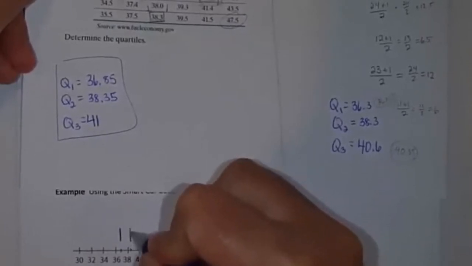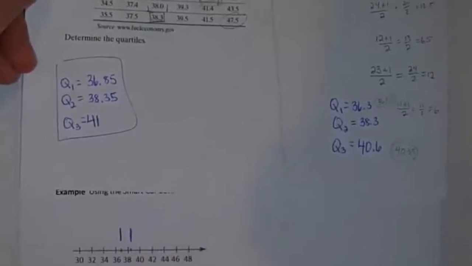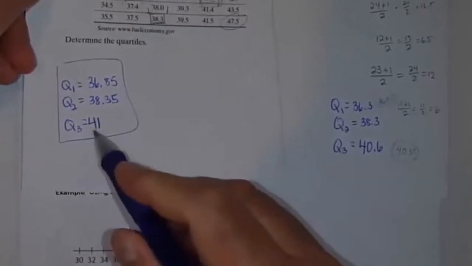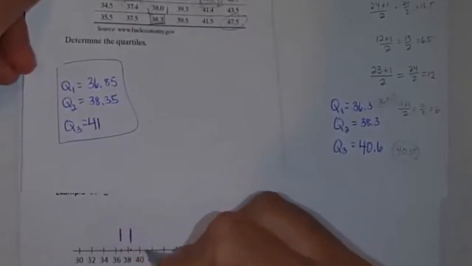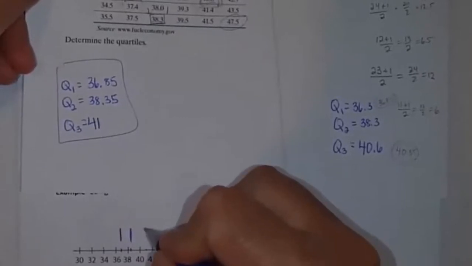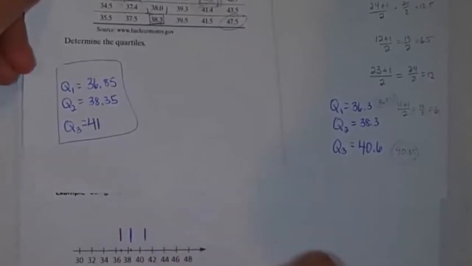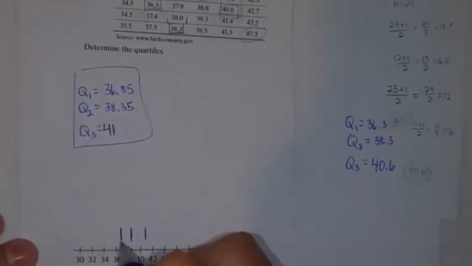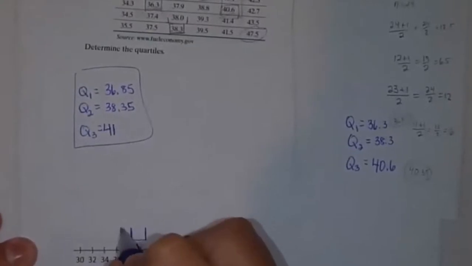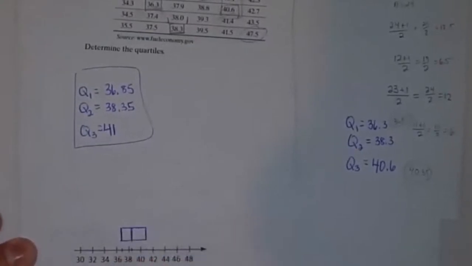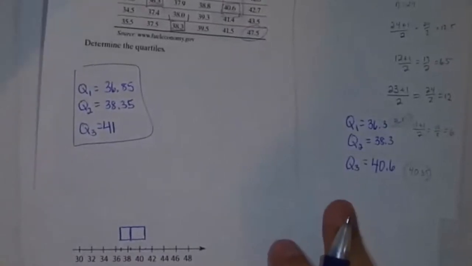So I'm going to draw a vertical line above that. My third quartile was 41. That's around here. And so I'm going to draw a vertical line above that. And so I'm going to connect that like this. And so that's called the box of my box and whisker plot.